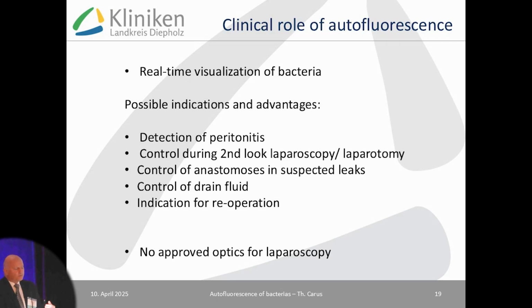That was what I was waiting for, but I couldn't do it now because it's not approved, that you put in the laparoscope in the second look laparoscopy, and you can see in all quadrants whether there are still bacteria, whether there's fluid behind the liver or behind the spleen, and you can see whether it's clean or if there are still bacteria, and you are forced to do a second look or a third look.